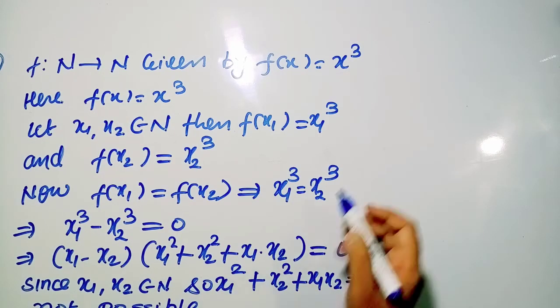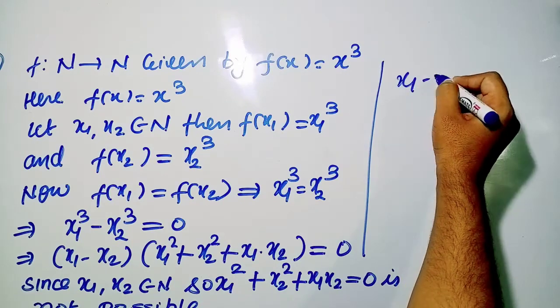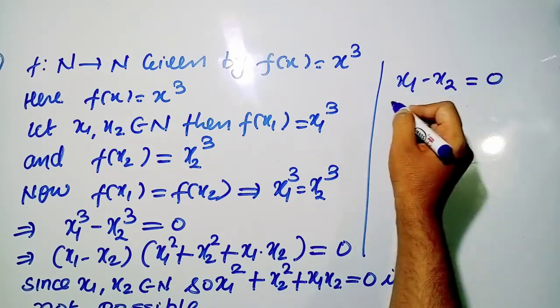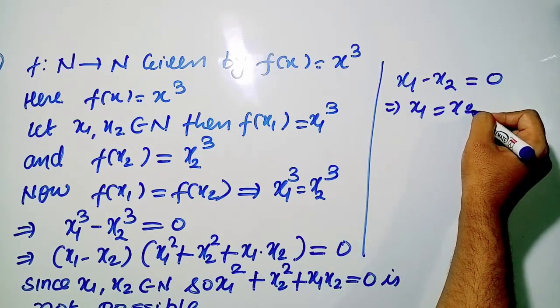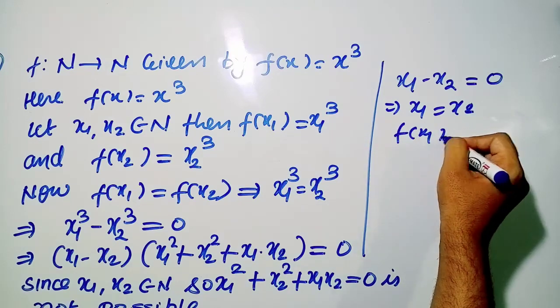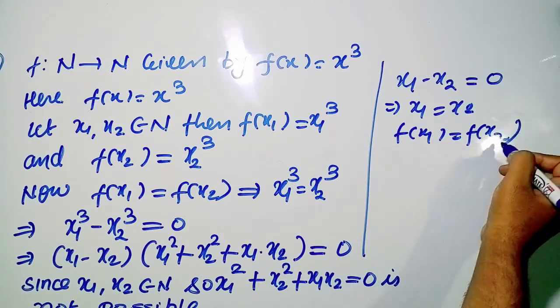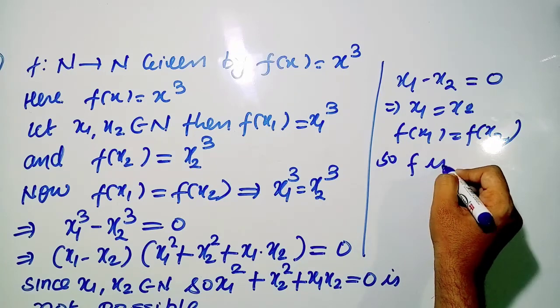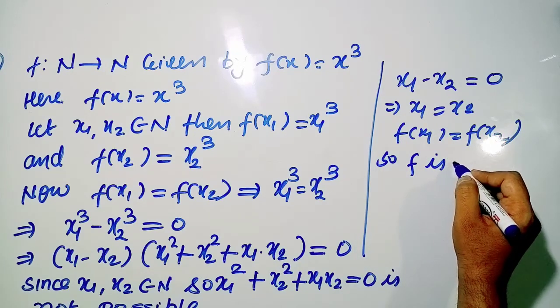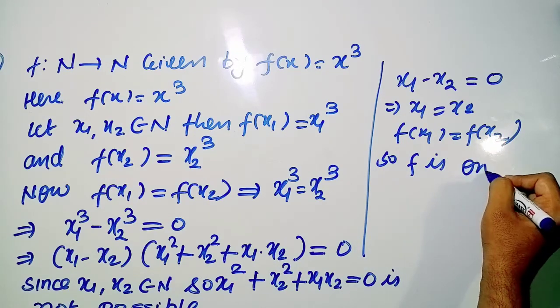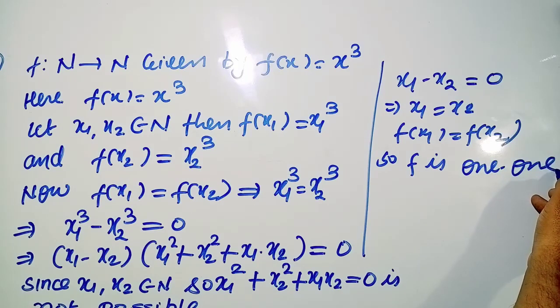Okay students, just writing here x1 - x2 = 0, so we get x1 = x2. Thus we can say that the given function is one-one, right students? So the function is a one-one function.